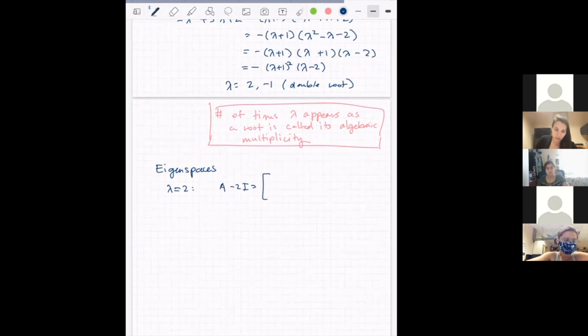And remember that our matrix is 0, 6, 8, 1 half, 0, 0, 0, 1 half, 0. So this will be minus 2, 6, 8, 1 half, minus 2, 0, 0, 1 half, minus 2.